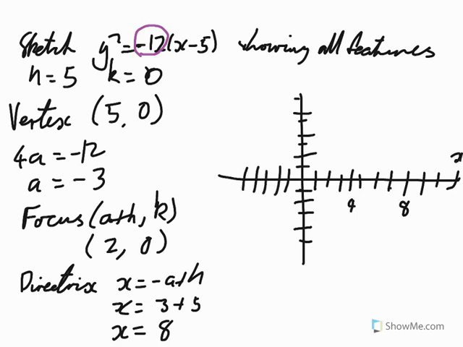Alright, so x and y. Putting in our features, our vertex is at 5 and 0, so our vertex is there. Our focus is at 2 and 0, so there's our focus. Our directrix is at x equals 8, so there's our directrix.